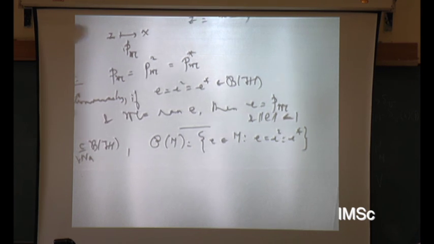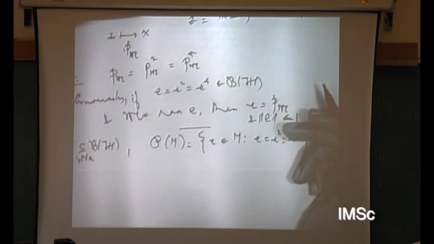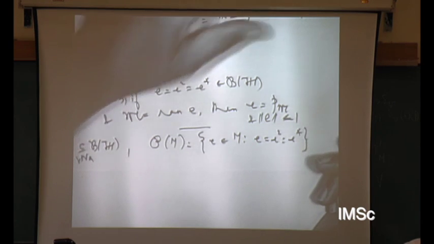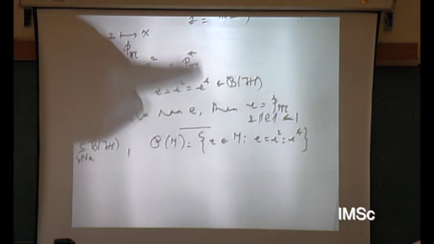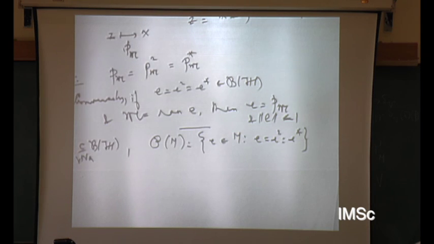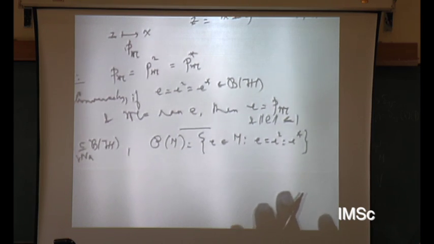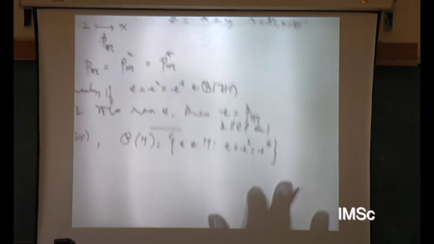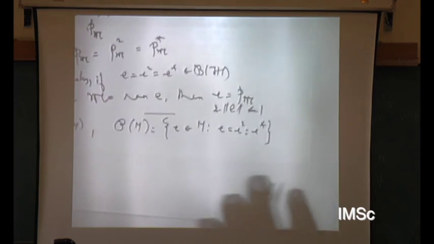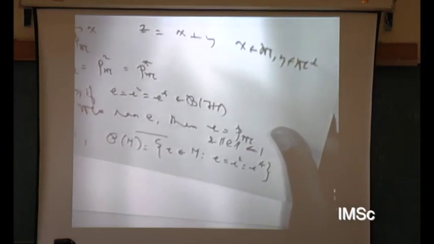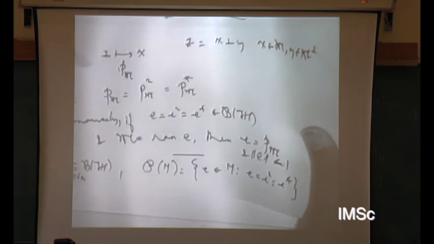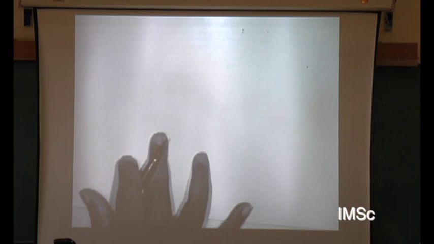And the fact that norm z squared equals norm x squared plus norm y squared will tell you that norm of P_M is less than or equal to 1. Okay, so any projection is self-adjoint and contractive. Okay.